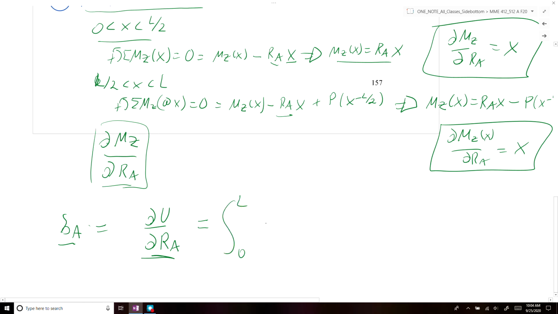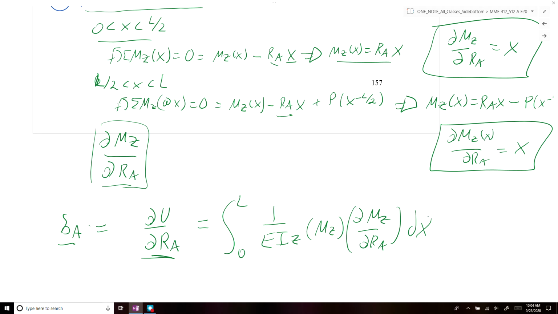This is the equation we need to use: the integral of 1 over EIz, Mz of x, dMz/dRA, dx.